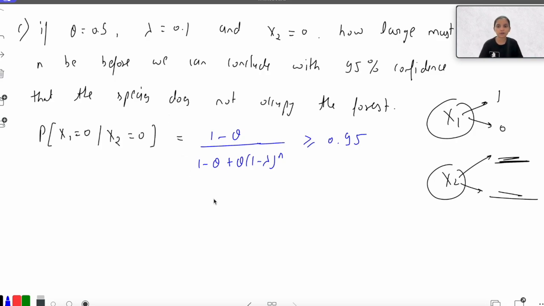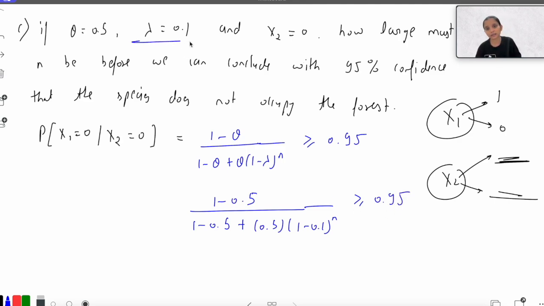So your theta is 0.5, that is (1 minus 0.5) upon (1 minus 0.5 plus 0.5 times (1 minus lambda) raised to the power n), where 1 minus lambda is 0.9. We need to find n from here to get the value of the sample size.